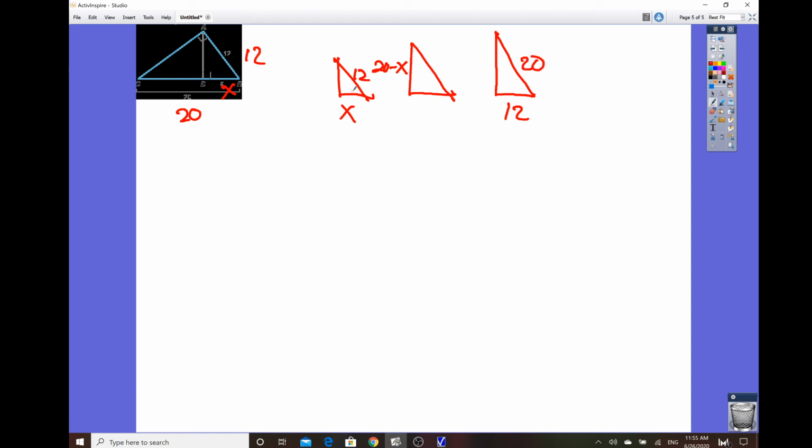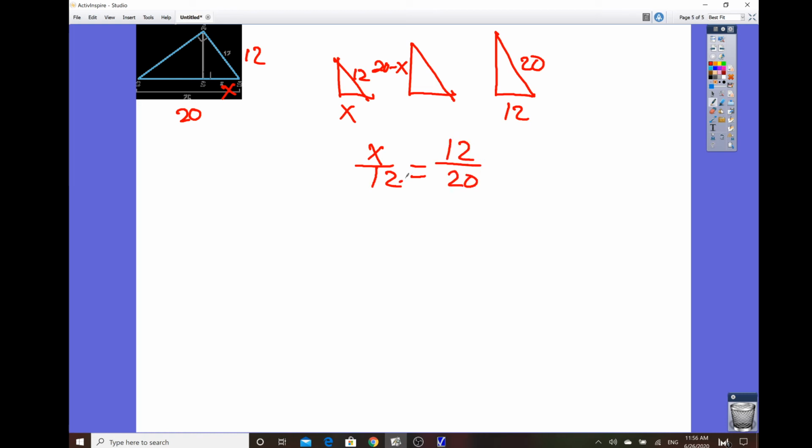So instead of comparing the small triangle with the medium one, we want to compare the small triangle with the large size triangle here. The reason is that we do know the base and we do know the hypotenuse, so we can set up the proportionality ratio. This can be done by using geometric mean again. So it's x over 12, the shortest leg versus the shortest leg, and then the longest leg versus the longest leg, 12 over 20.